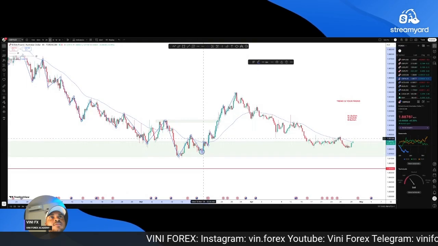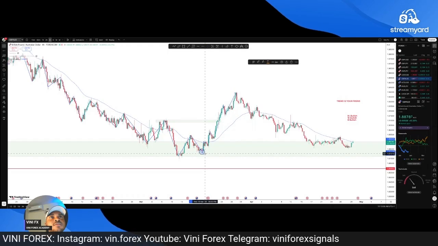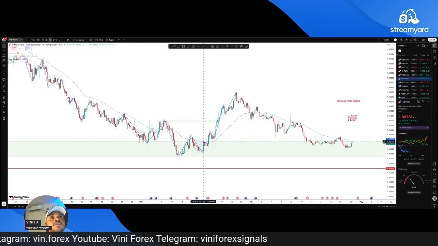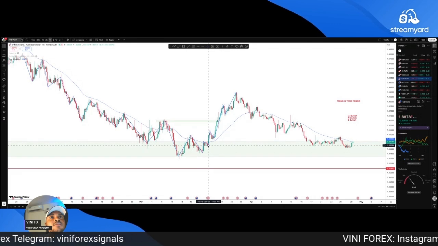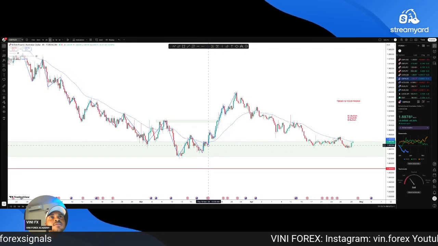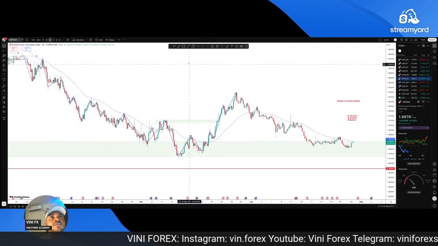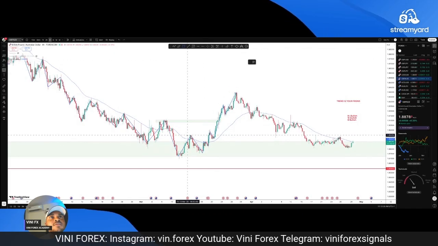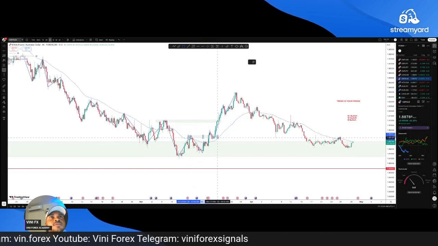After this, the market came up and gave you a higher low again, and a higher high. And this is the area where the market confirmed that yes, it wants to change and become a buying market.